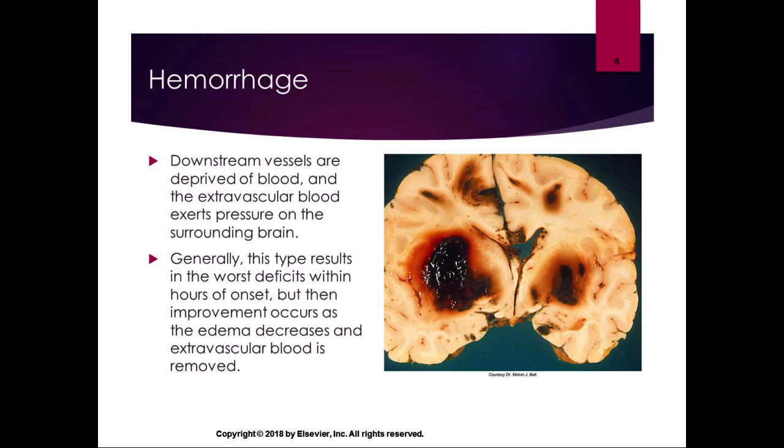Certainly brain infarctions can affect large areas too, but hemorrhages usually affect large areas quicker. So it usually results in the worst deficits within hours of onset, but then improvement occurs as the edema decreases and the extravascular blood is removed.